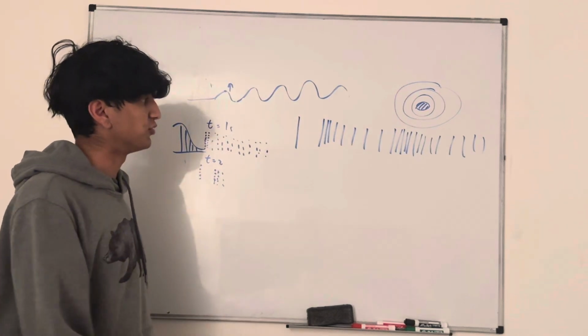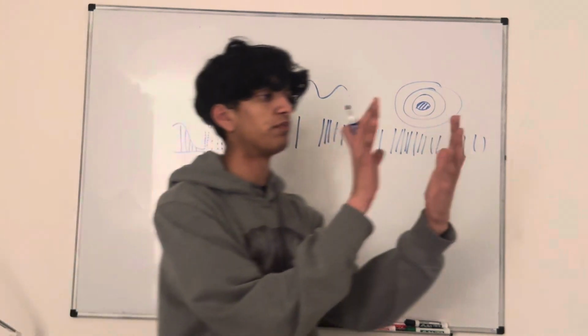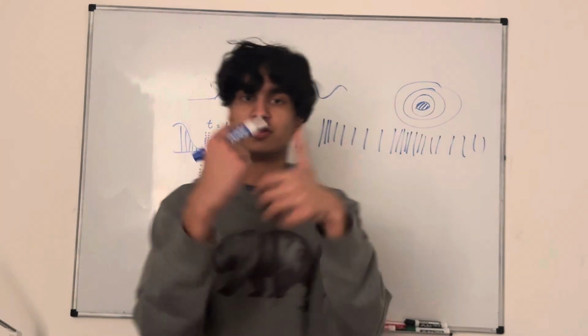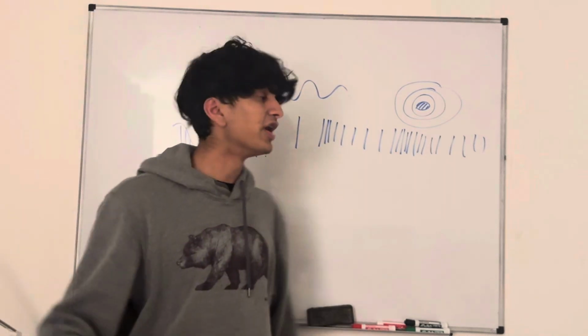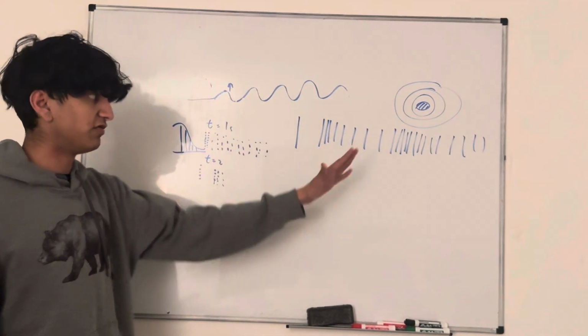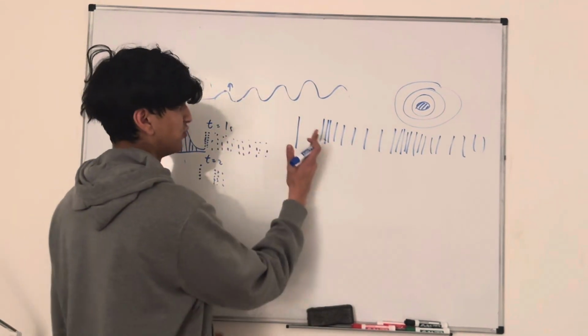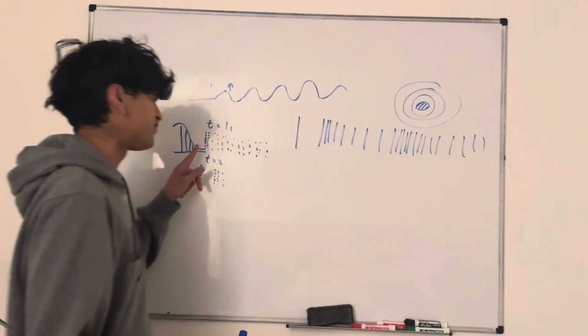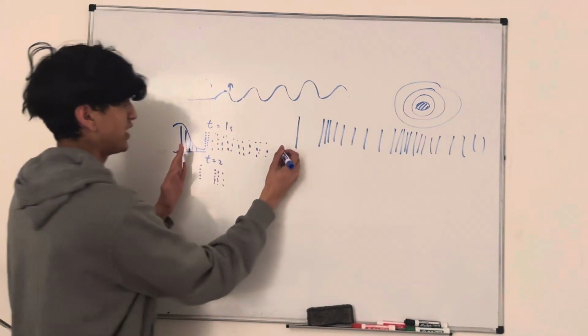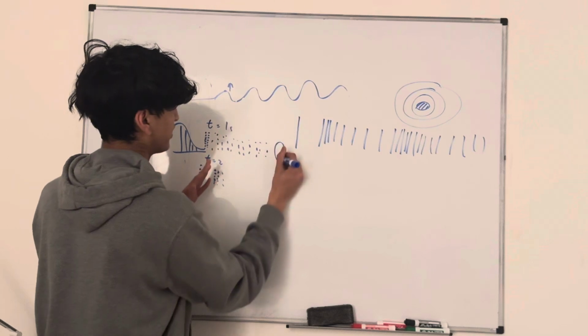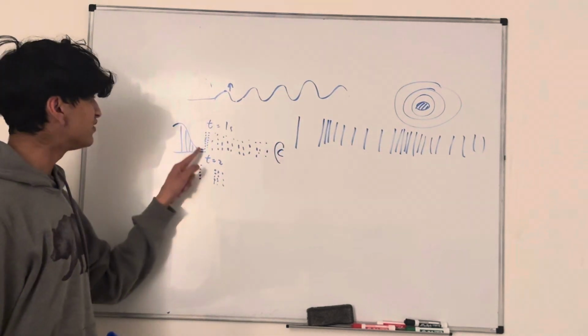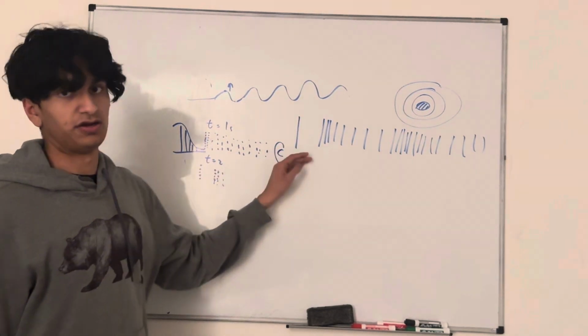I'm saying pressure because when you bunch up a bunch of air molecules together, they're exerting forces on one another, and by the time this sound wave gets to these molecules, they're moving back and forth. If this is my ear, I don't know what an ear looks like, these molecules are never going to meet my ear.